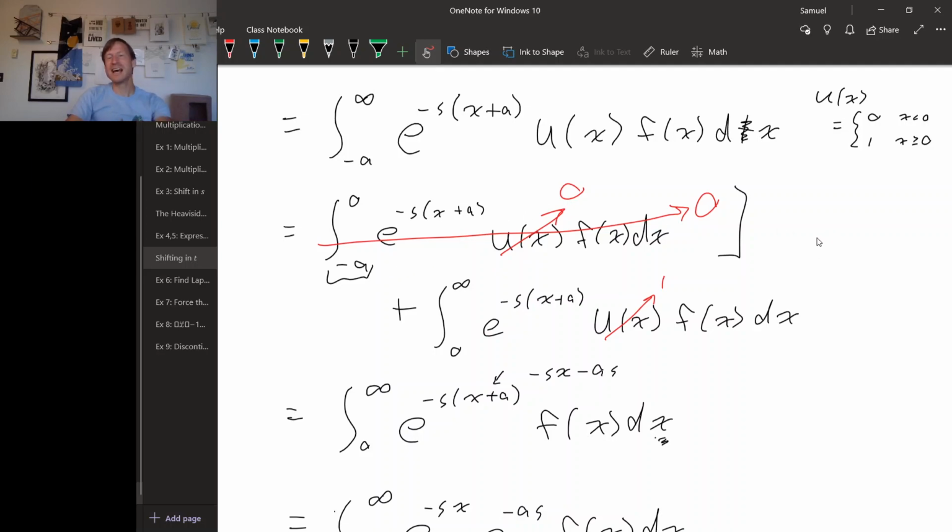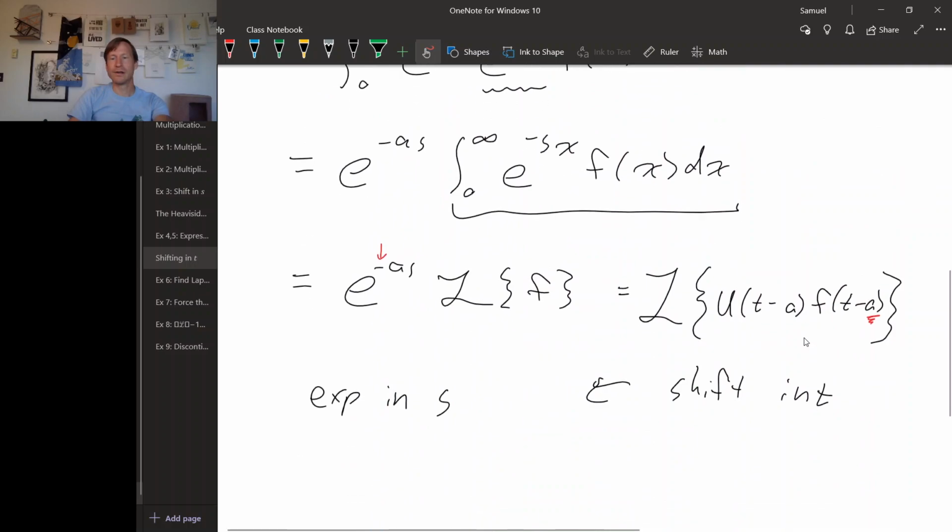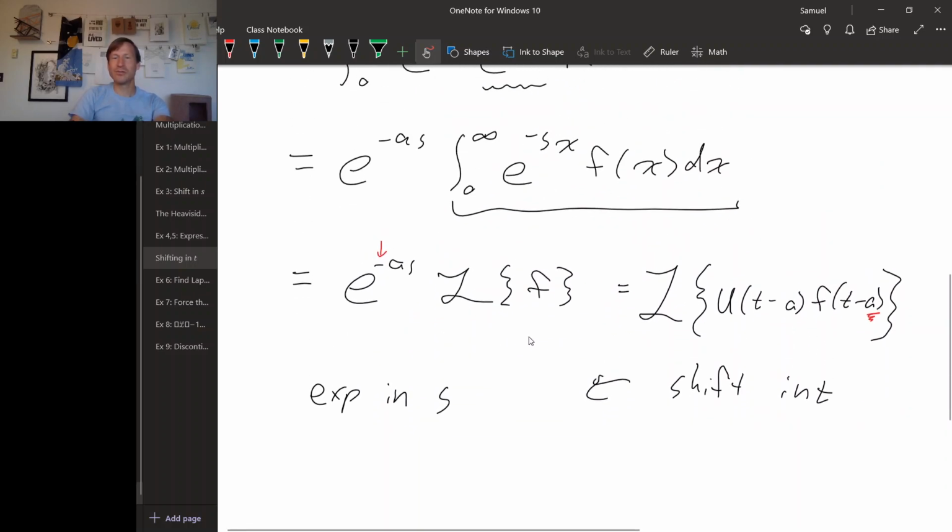So we made a subtle assumption here that a has to be positive. This Laplace transform rule is only true for positive values of a, that is, shifts to the right. Shifts to the left, there's no hope of finding a good Laplace transform rule, because if you shift a function to the left, some of what that function is gets moved into negative t values, and then the Laplace transform can't see it. So for this shift in t, it has to have positive a values.